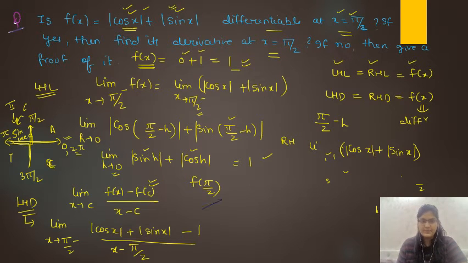So see, if you put limit h tends to 0, here what you have got is cos of (pi by 2 minus h), correct? And then plus sine of (pi by 2 minus h) minus 1, divided by (pi by 2 minus h) minus pi by 2, right?